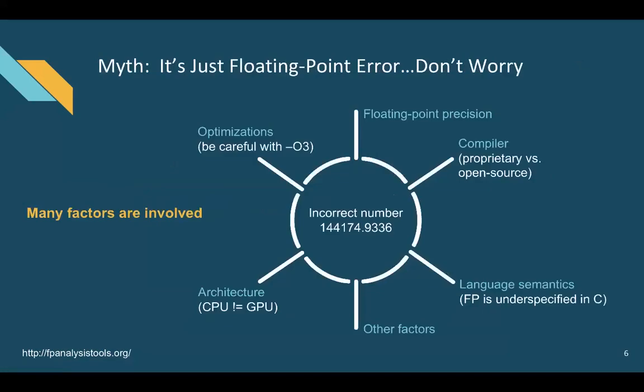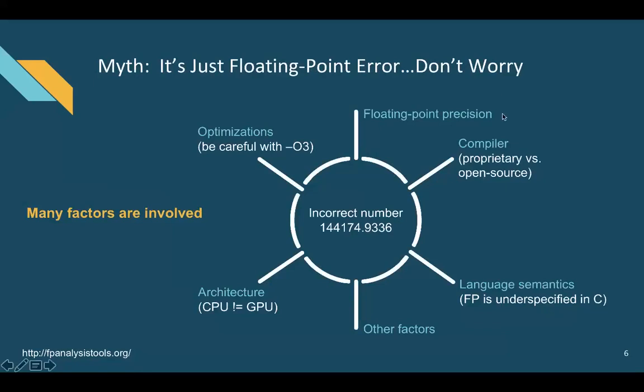One of the situations that we see sometimes is that when programmers see an incorrect numerical result, they say, well, you know, it's just floating point error or rounding error, so don't worry. The reality is that there are many factors that are involved in producing an unexpected numerical answer. I list some of them here.